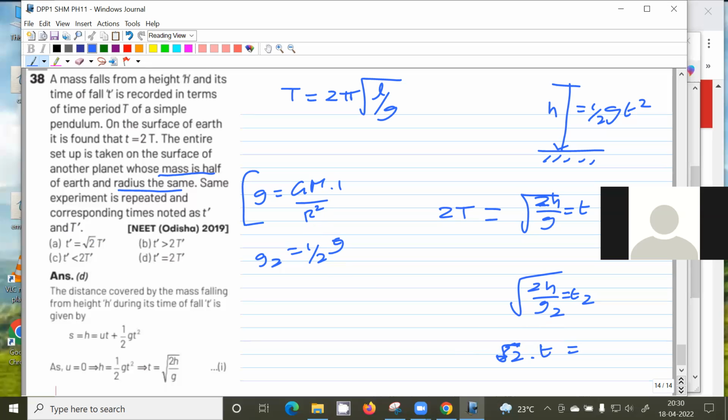Oh, yes, he is writing in terms of T prime, not in terms of T. And T prime is 2 pi root of L by g prime. So g prime is g by 2. So here there will be another root factor, root 2 times. Okay, so root 2 times T is 2T.